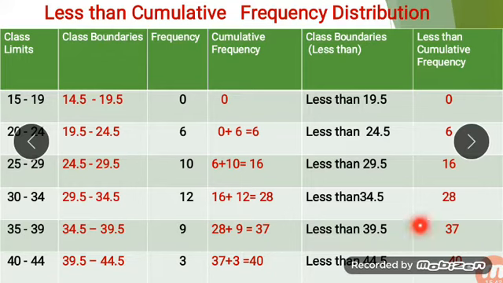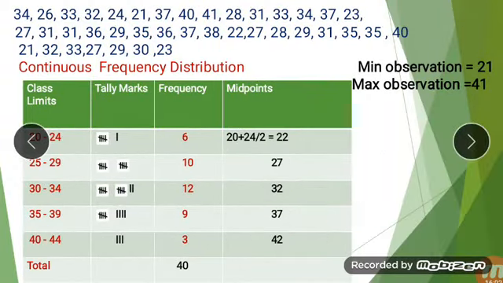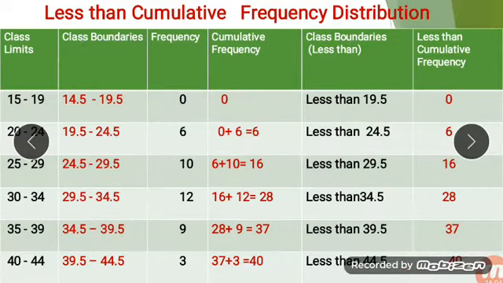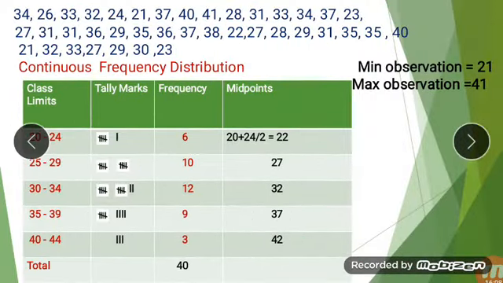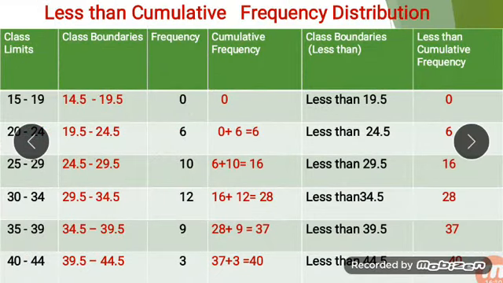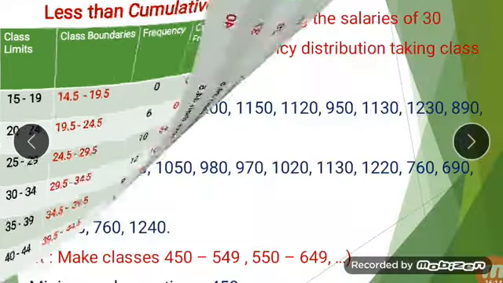Less than 39.5 and less than 44.5: all the 40 students are less than 44.5, because the maximum weight here is 41. So this is the use and significance of cumulative frequency.